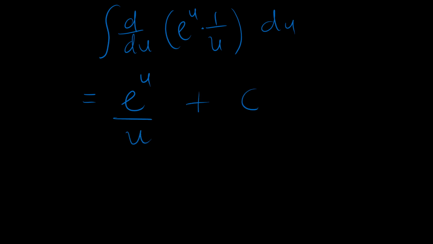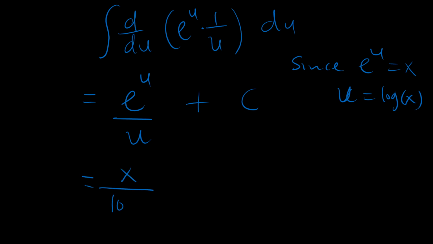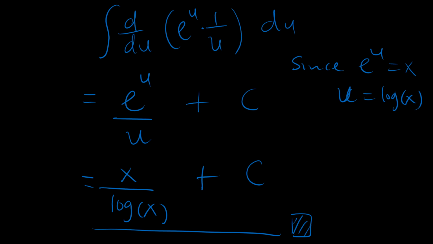But since e to the power u is equal to x and u equals natural logarithm of x, this is the same as x over the natural logarithm of x plus the integration constant. And that is our answer, ladies and gentlemen.